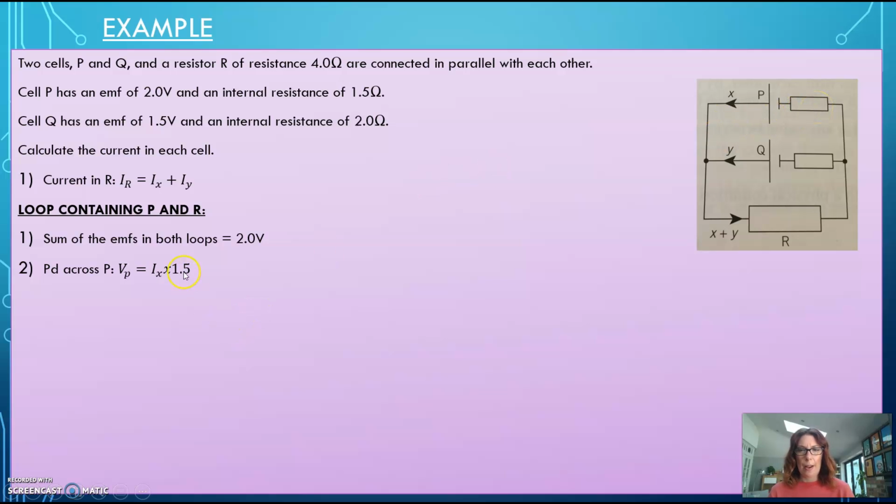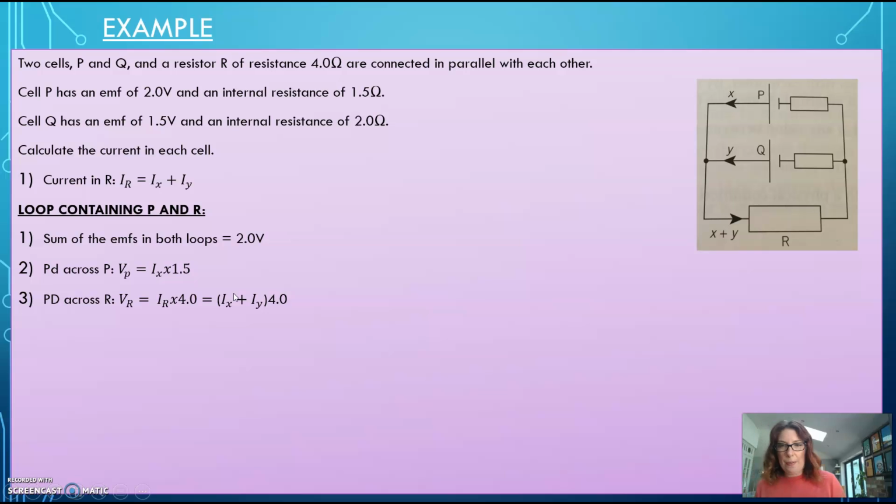Okay, because V equals IR. The potential difference across here is going to be its current, which is I've called IR from here, times its resistance, which is 4. So the current through it times that, and we know that this current is made up of these 2. So I've substituted that in there.